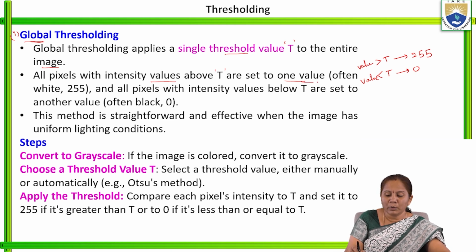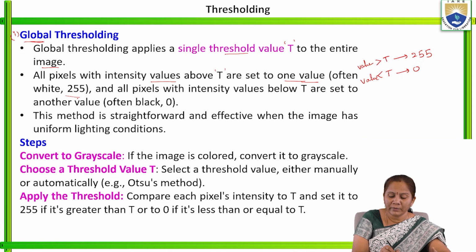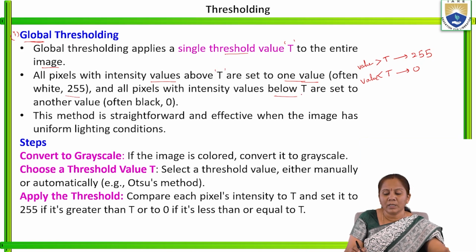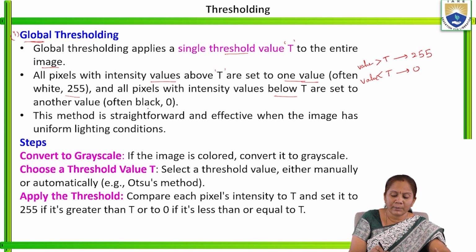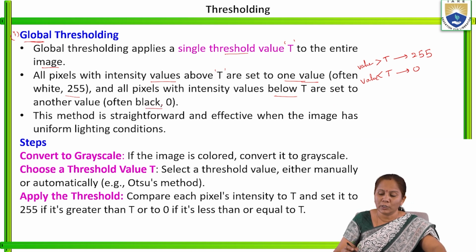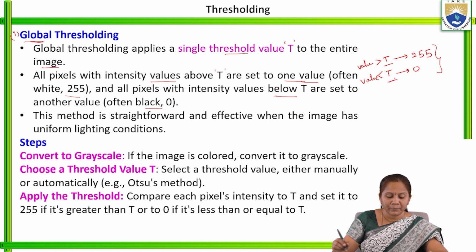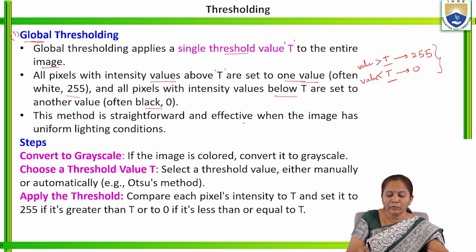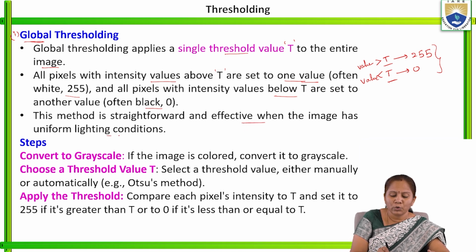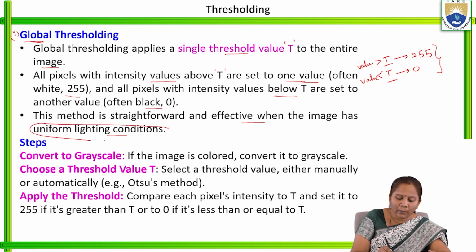So if it is above T, set it to one value, for example 255. If the intensity value is below T, set it to another value, for example consider it as 0. So these are the two conditions based on the threshold value T. This method is a straightforward and effective method when the image has uniform lighting conditions. So this is very important.